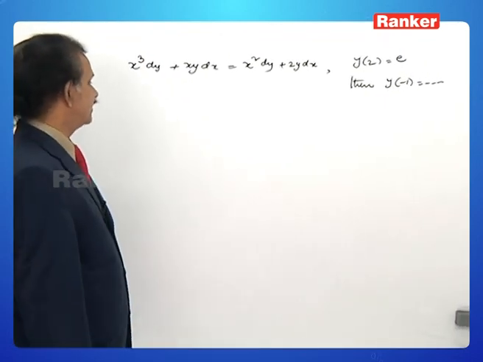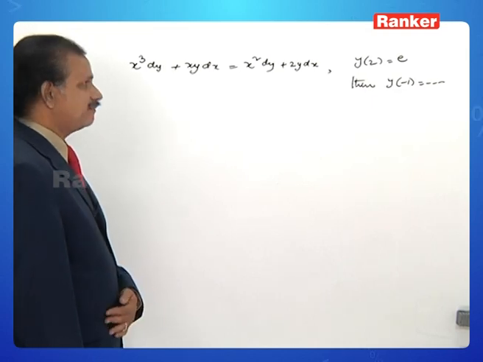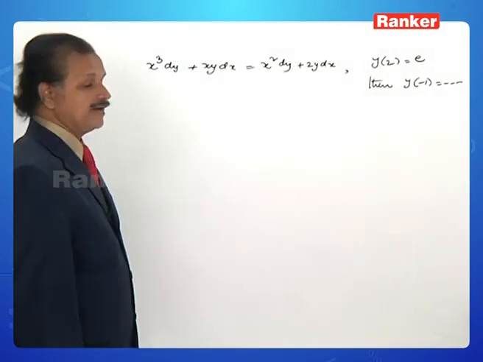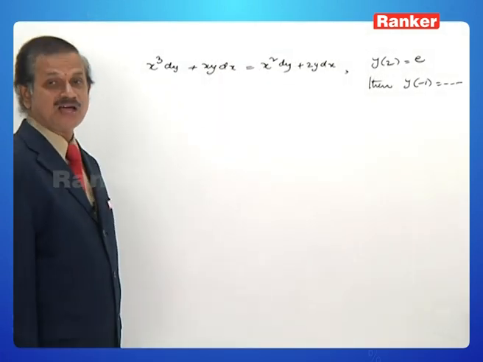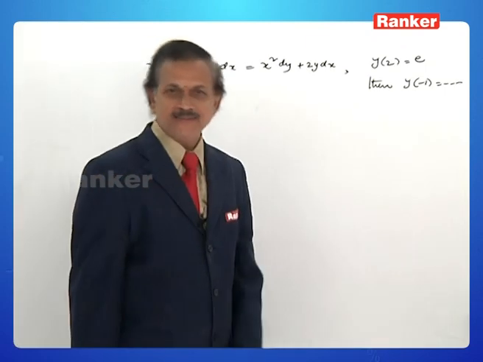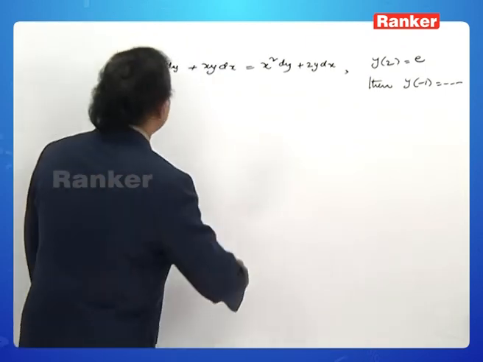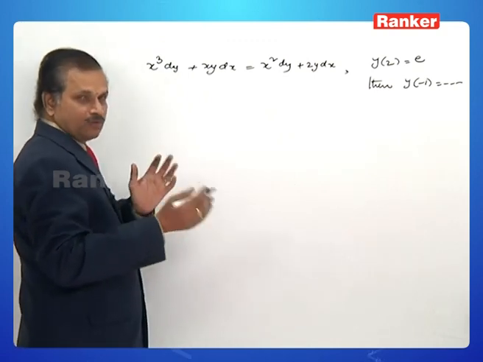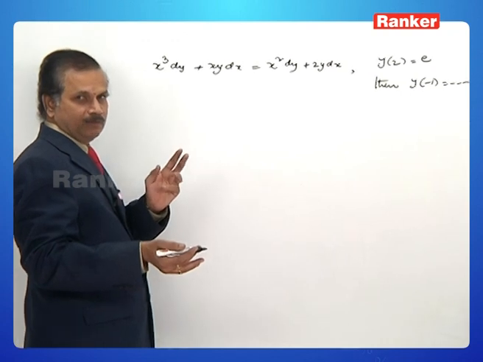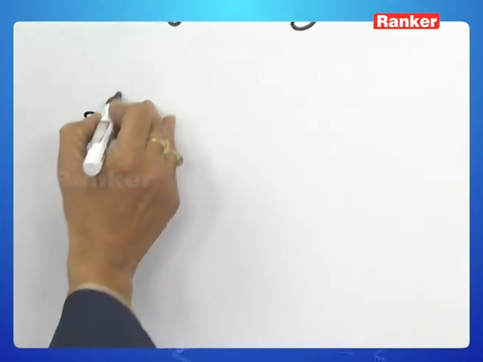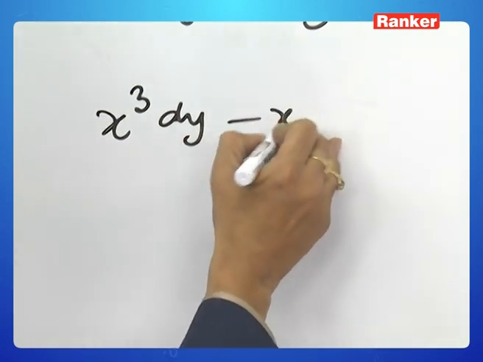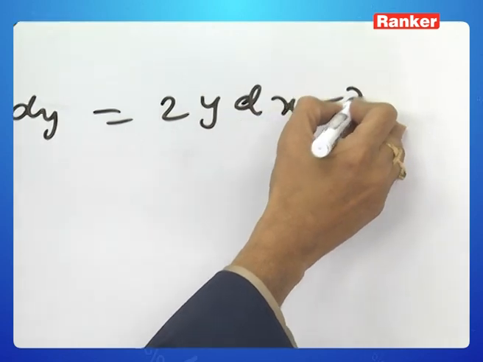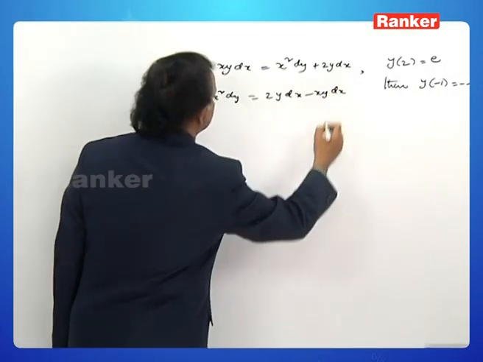x cube dy plus xy dx is equal to x square dy plus 2y dx. It has been given that y at 2 is e, and we are asked to find y at minus 1. Let us try. Look here. Let us rearrange the terms so that this problem can be thrown into the model of variables separable. x cube dy minus x square dy is equal to 2y dx minus xy dx, isn't it?